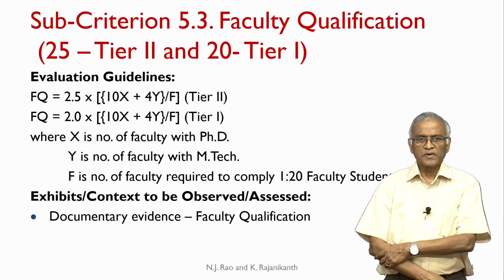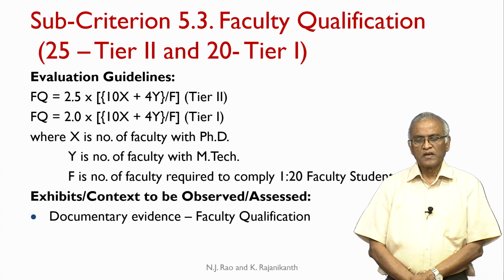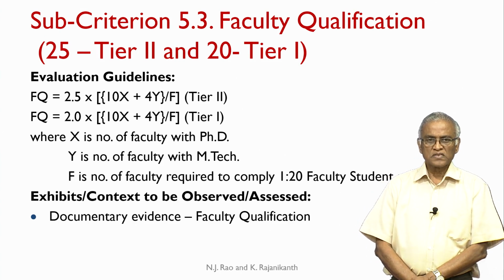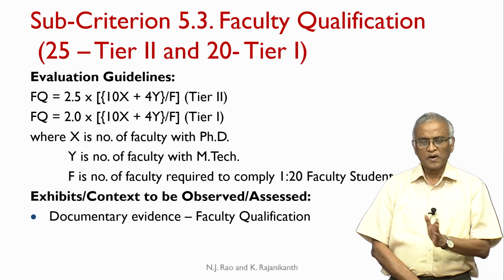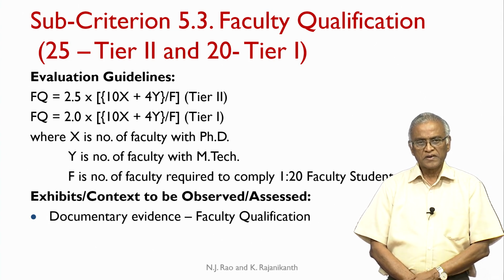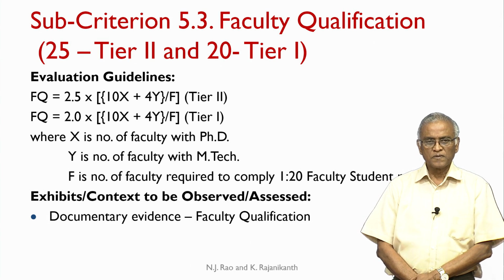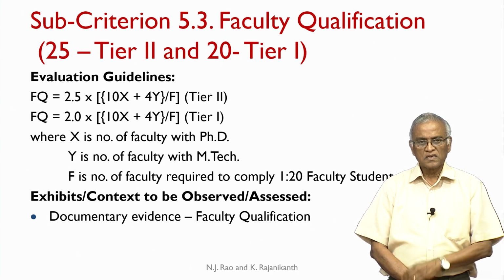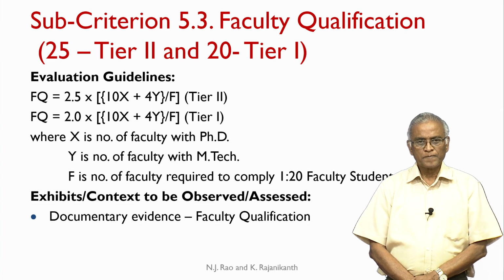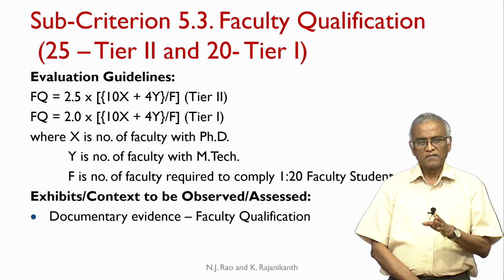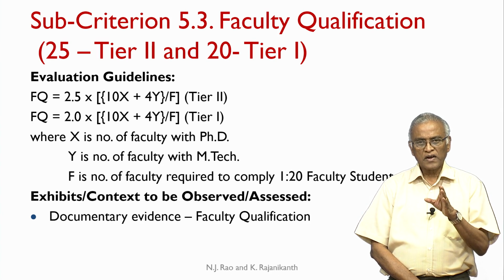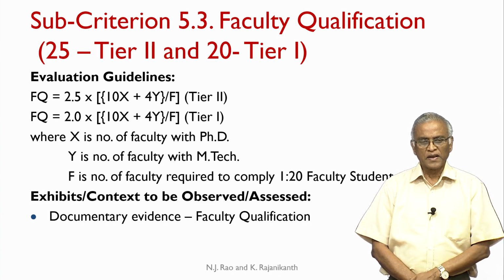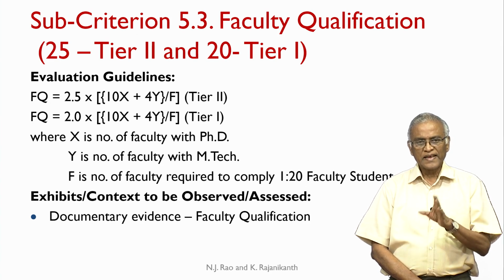Now, coming to sub-criterion 5.3, faculty qualification, once again the marks are different for tier 1 and tier 2 institutions. The method of calculation is the same: faculty qualification is equal to 2.5 multiplied by (10x + 4y)/f.